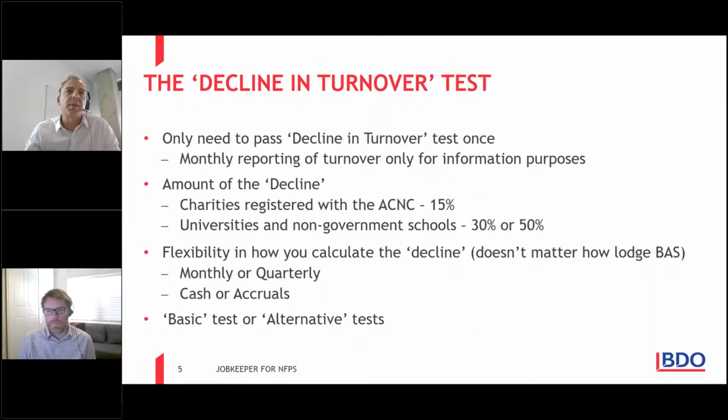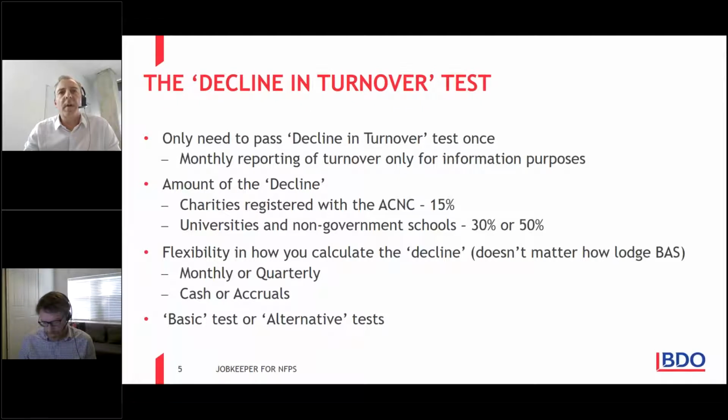The other thing which is particularly relevant for the not-for-profit industry is that for GST purposes, you can register sub-entities. So not-for-profit organisations can register sub-entities. That's purely for GST purposes.